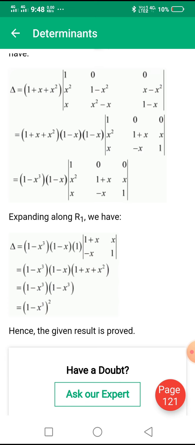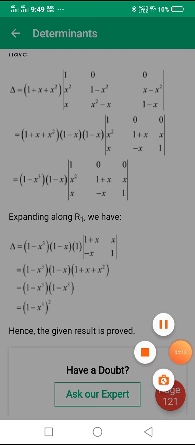If I again multiply 1 plus x plus x square with 1 minus x, then I will get 1 minus x cube, right? So 1 minus x cube multiplied by 1 minus x cube will give me (1 minus x cube) whole square, which is our right hand side, hence proved.